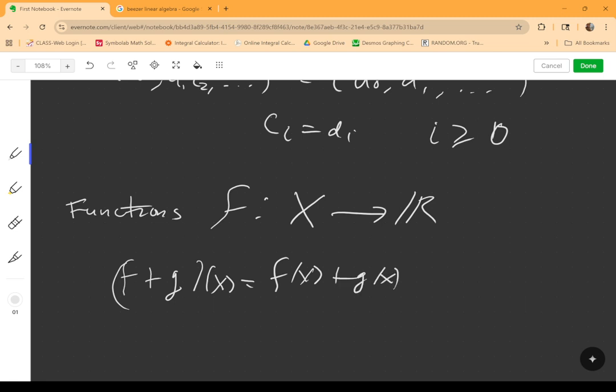We also define the scalar multiple of a function. Those are the definitions. Equality depends on what the function looks like: it has to be the exact same function, the same mapping from x to the real numbers. So that is also a vector space.